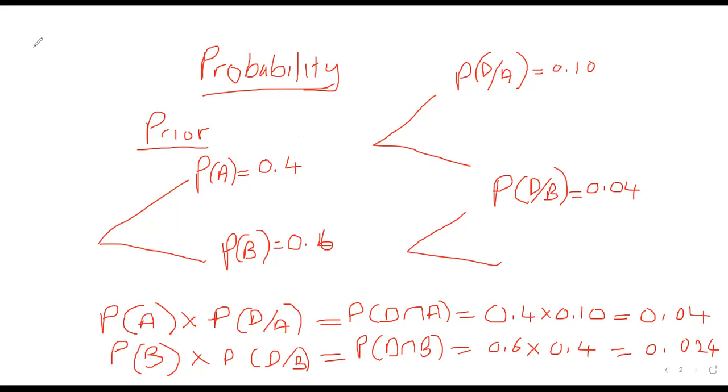Under Bayes' theorem, first we need to know that if given probability of A given B, you expand this to probability of B comes down.